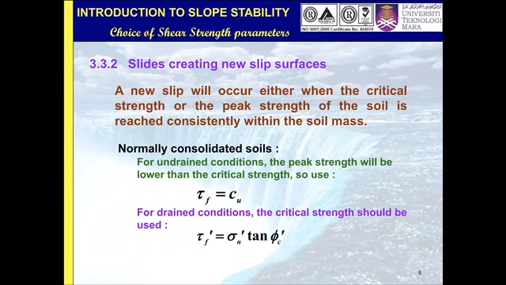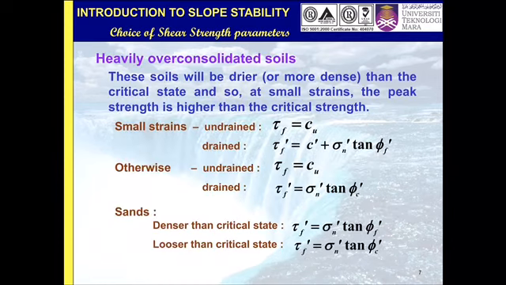For drained conditions, the critical strength should be used, with shear strength equal to sigma normal tangent phi. There is no Cu. And for heavily over-consolidated soil, here are the equations that you can see here.